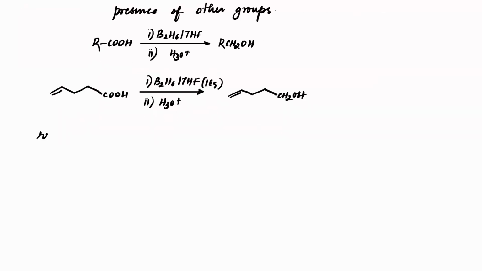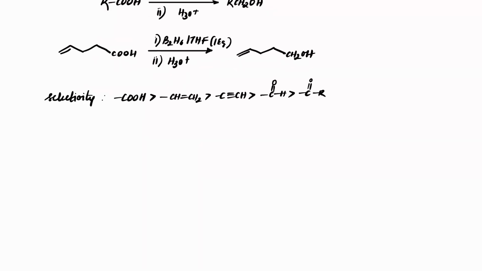So selectivity wise, if you compare, the selective reduction of acids is way more favorable than alkenes, then alkynes, and then comes aldehydes and ketones. So it is highly responsive towards acids as compared to that of aldehydes and ketones.